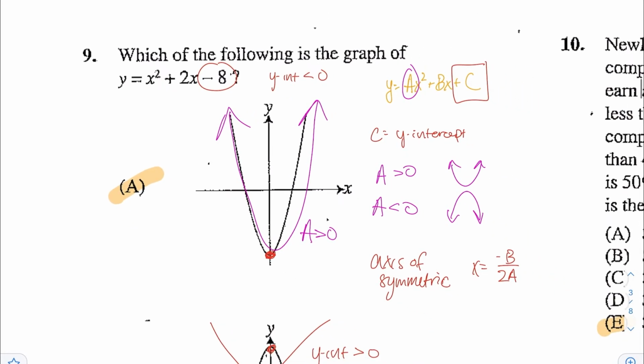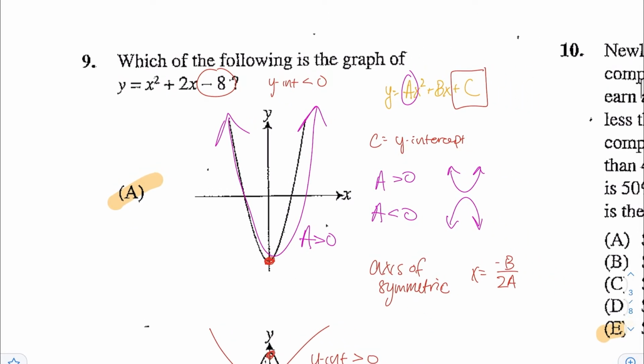So in this case, since b is equal to 2 and a is equal to 1, -b over 2a will be -2 over 2 times 1, which is -1. So it should be a little bit off axis here, but I didn't have to use that. The answer has to be choice A here.